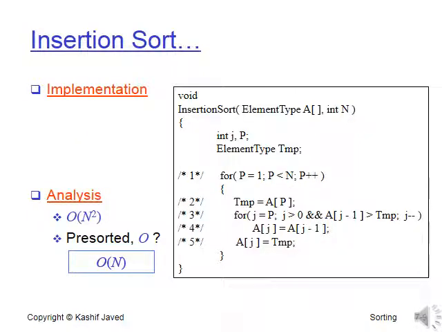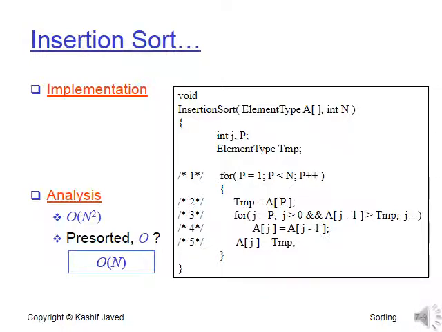Now let's observe a snippet of insertion sort code. Here in the implementation, the function name insertion sort accepts 2 arguments, variables a and n.